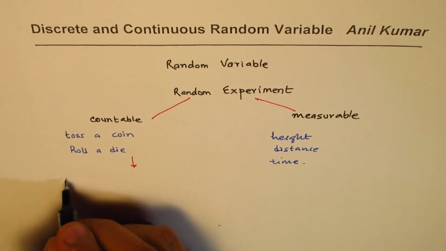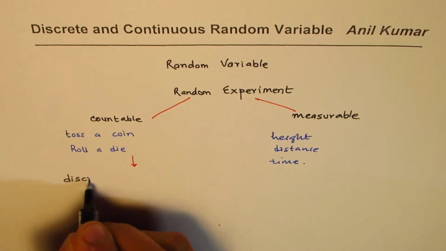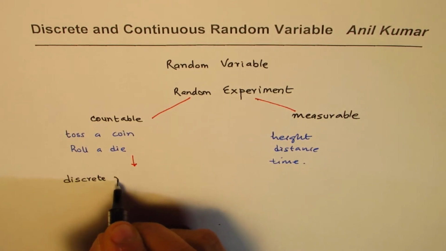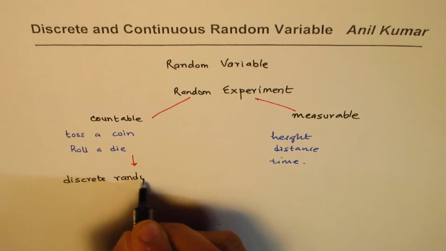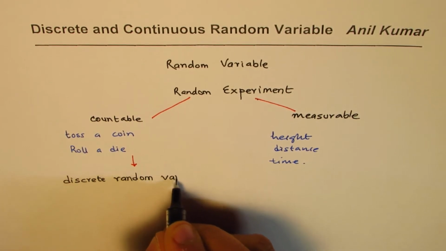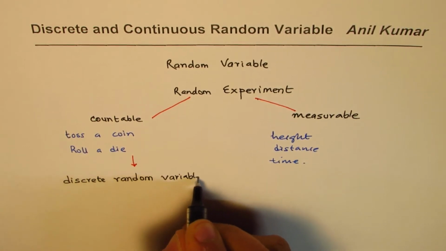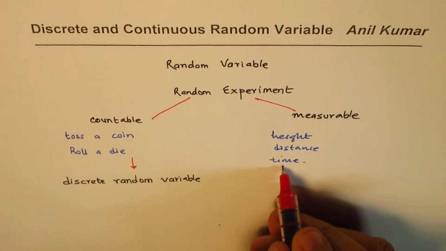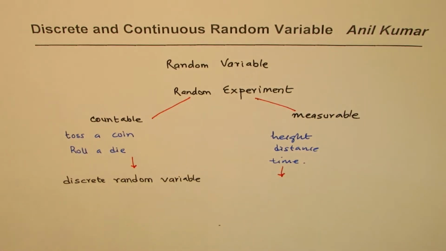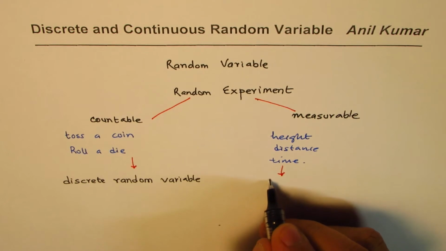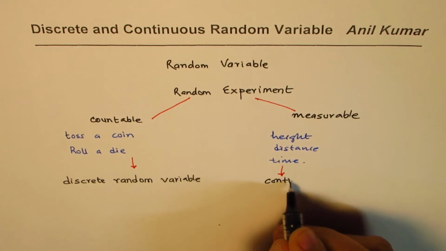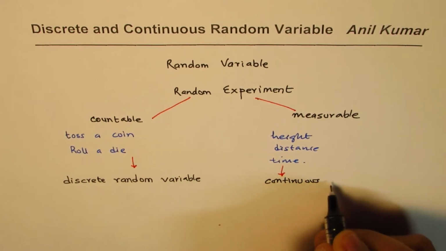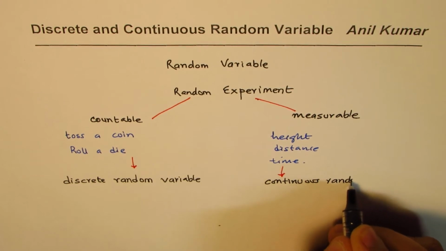And if we are analyzing the outcomes of an experiment where things are being measured, then we are dealing with continuous random variables.